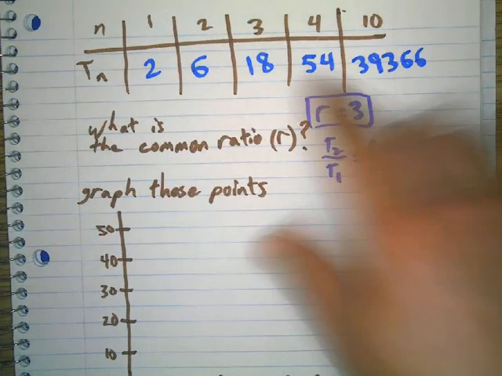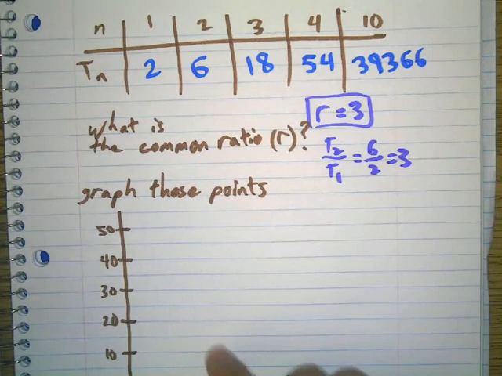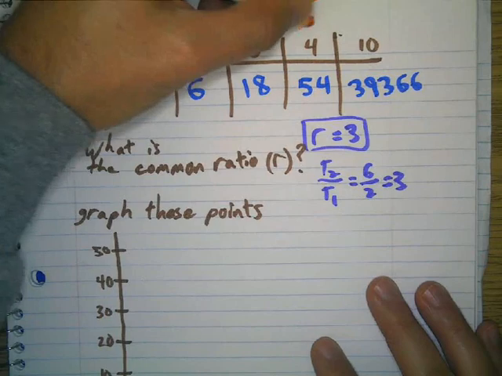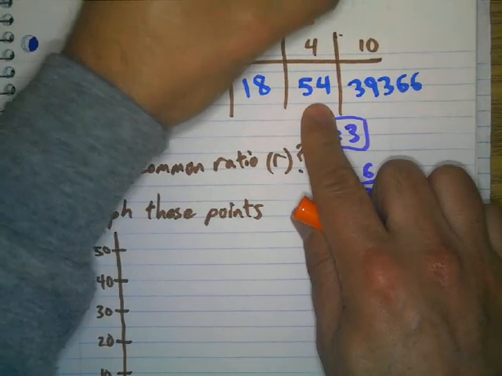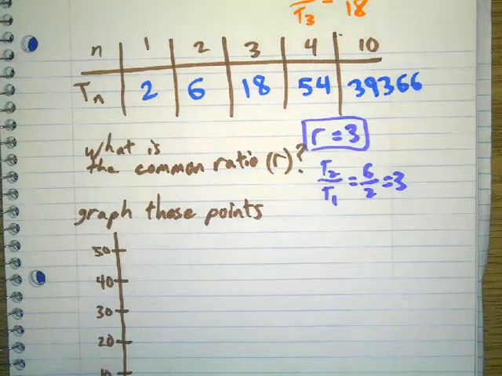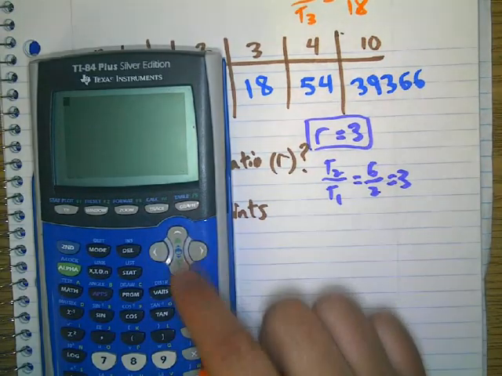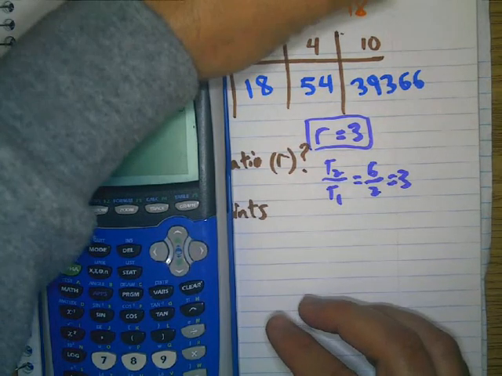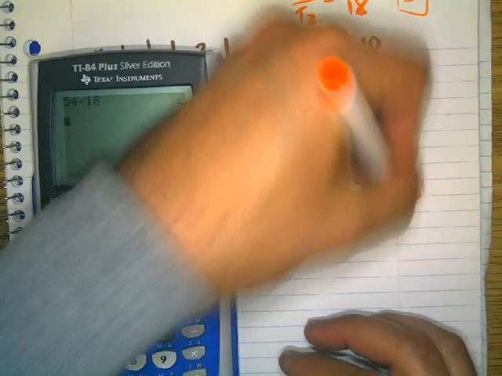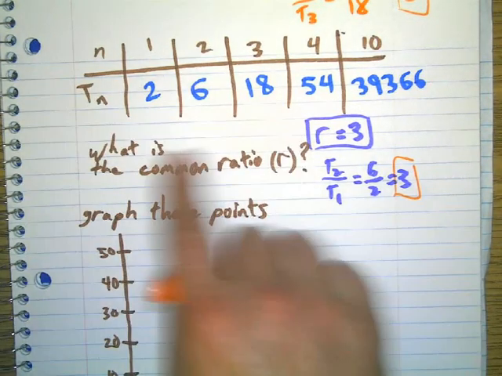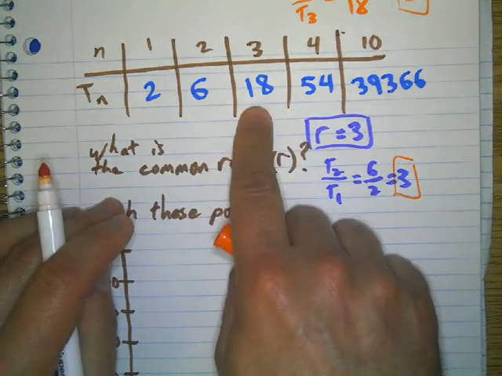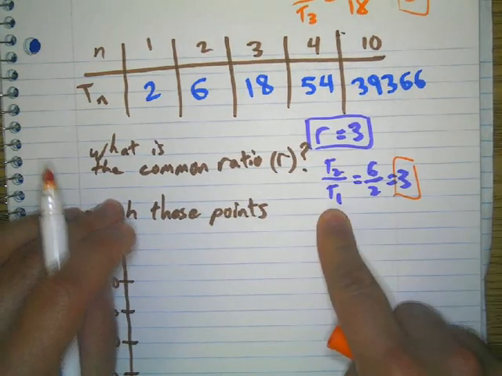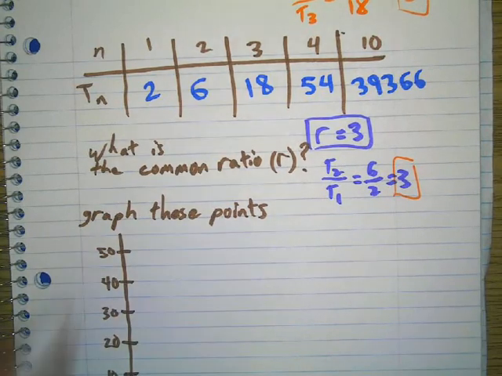Or I could have done two adjacent terms. I could have done t sub 4 divided by t sub 3, 54 divided by 18, and we get 3. So no matter which two adjacent terms I use, like t sub 3 divided by t sub 2, we can figure out r with that.